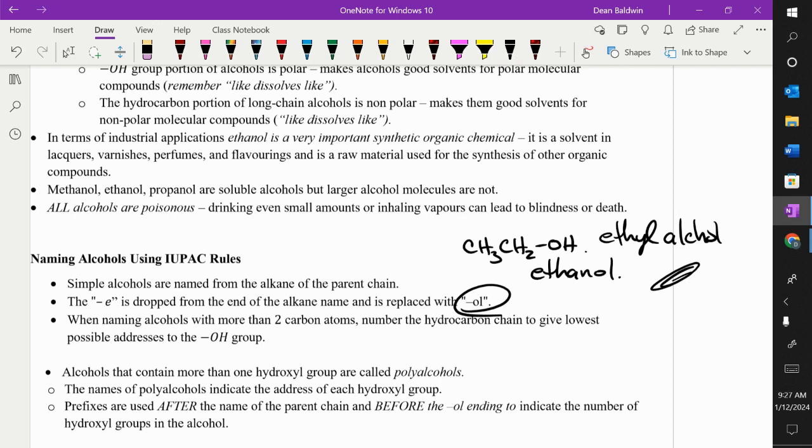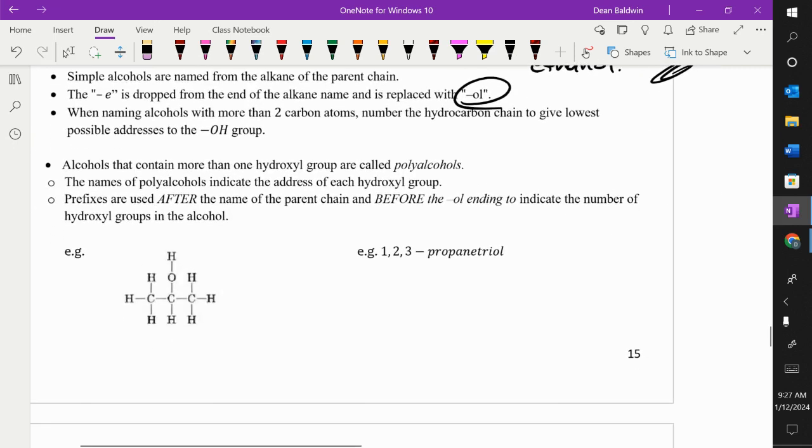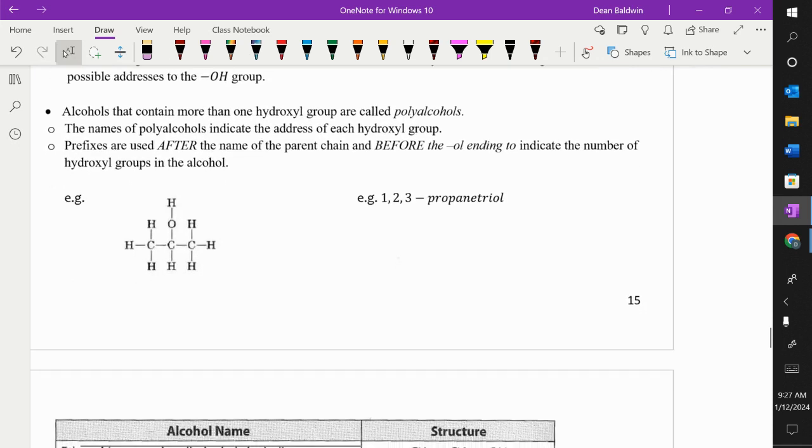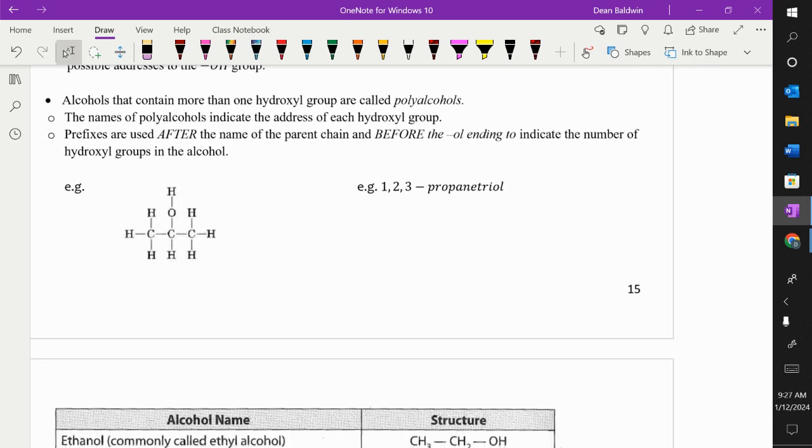But so OH groups are called alcohols. And just like everything else, you can have multiple functional groups. So if I said propane triol, the tri tells you there's 3, as the 1, 2, 3 here tell you, and they're on carbons 1, 2, and 3.